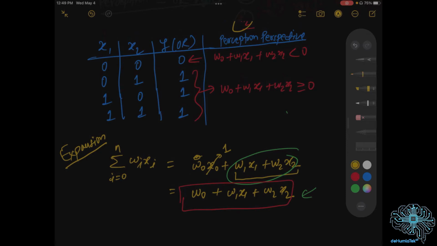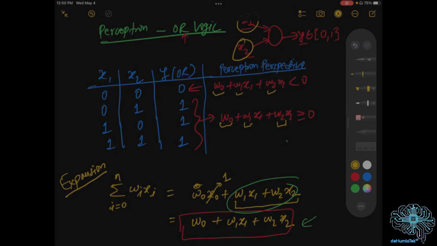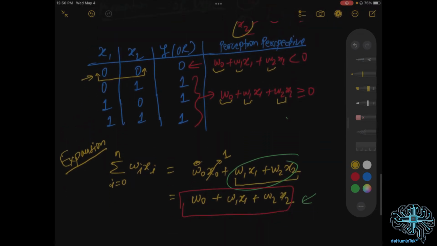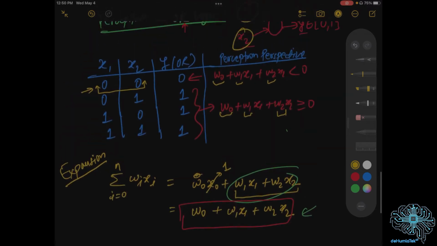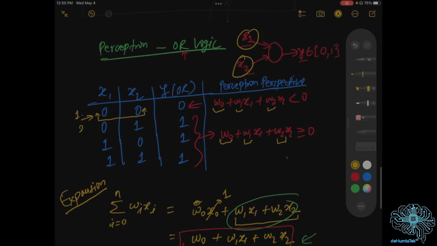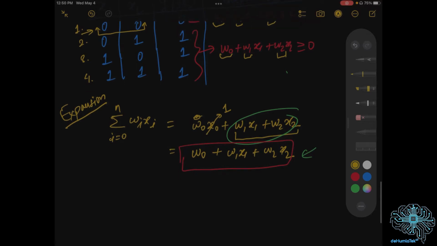Okay, so now we need to learn this weight. We don't know exactly what the exact value would be, but we'll come up with some approximate values. For each of these input values we'll substitute into the expression. We'll name them 1, 2, 3, 4 for our own easiness.